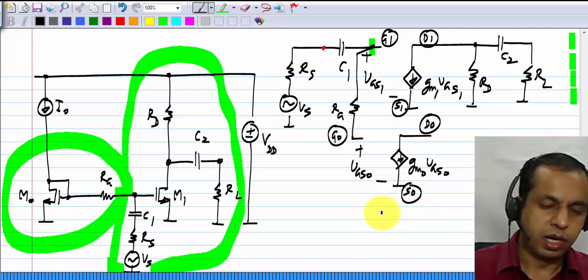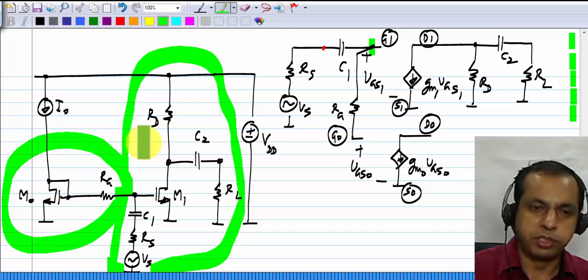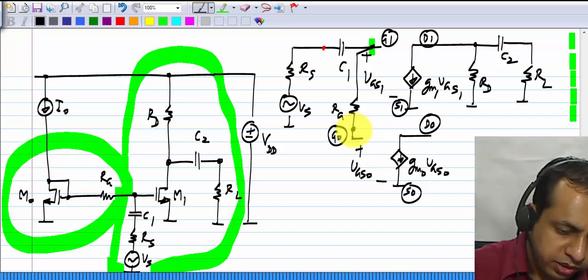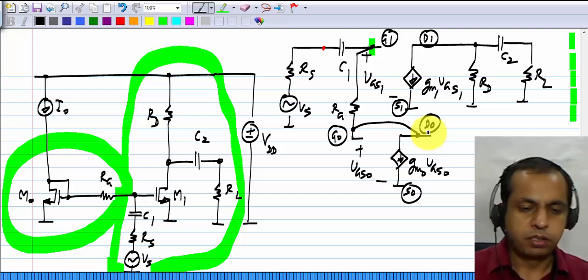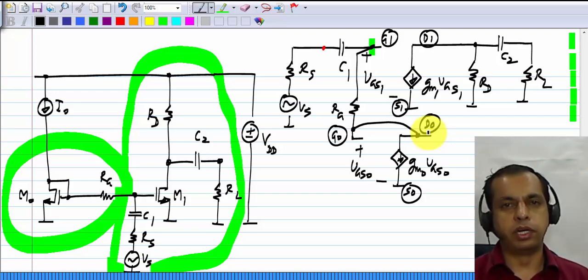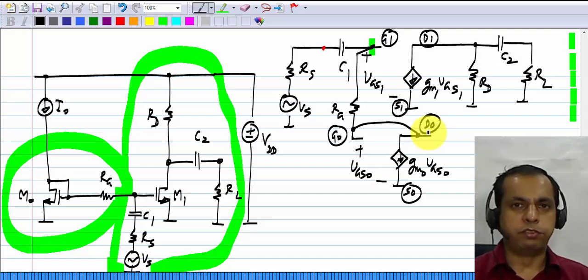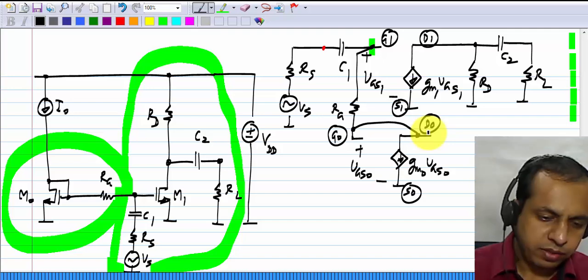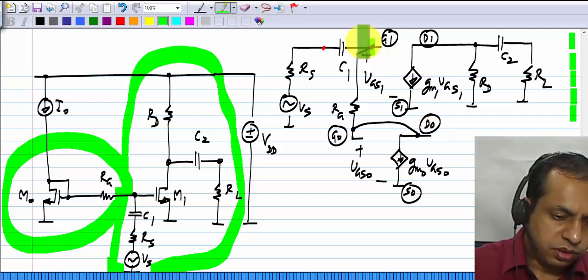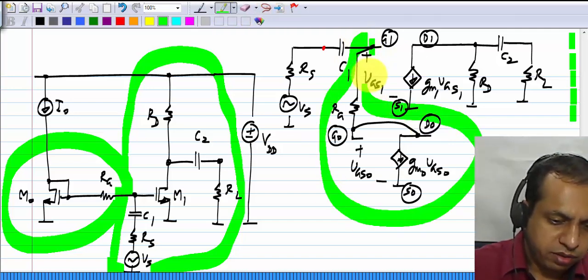The drain and source of M0 are connected together, so that connection we have to show. So please be very careful while putting down the incremental equivalent circuit of a given circuit, because if you make a mistake in some connection, or by omitting or wrongly connecting some component, the results will be completely wrong. So this is the new part here.